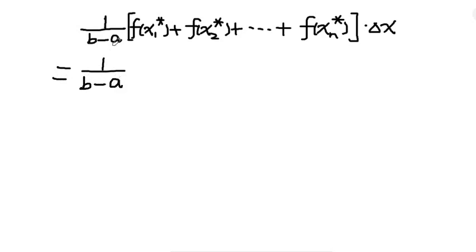Here, by the way, 1 over (b minus a) is a constant, right? A and b are fixed. This is the constant times this part, so I can move the constant outside. Then I can rewrite it as the Riemann sum, the sum of f(xi*) times delta x.